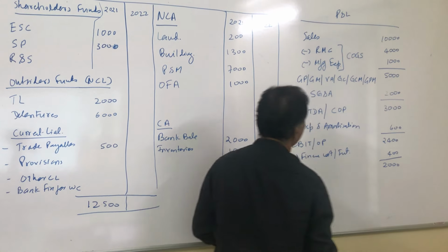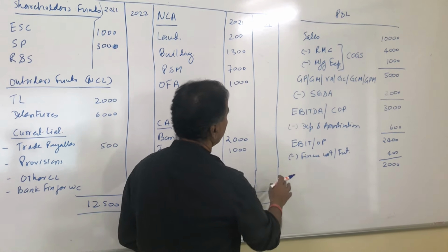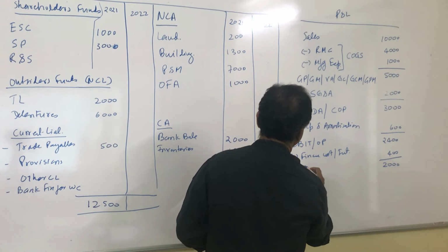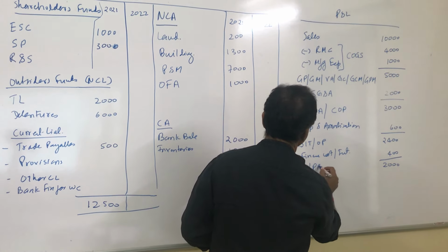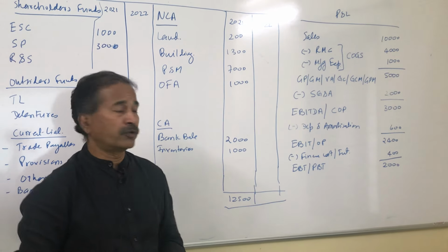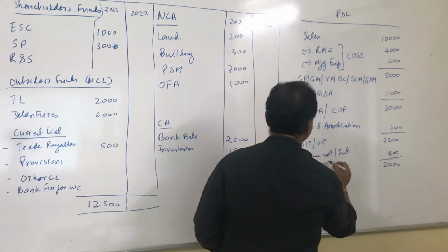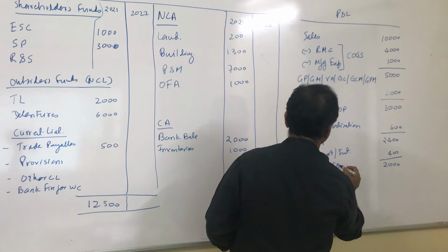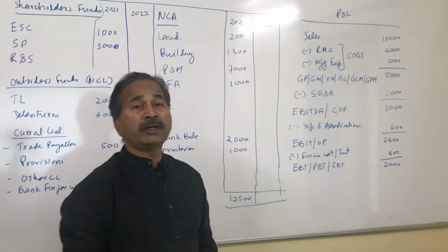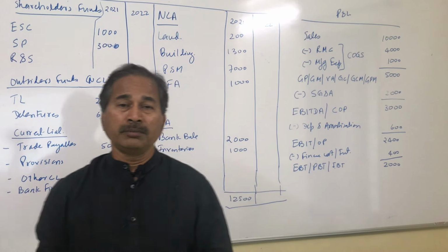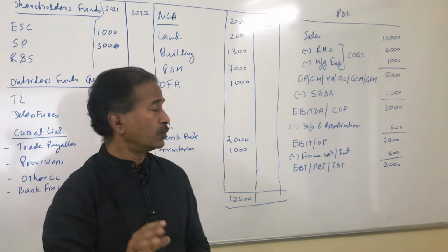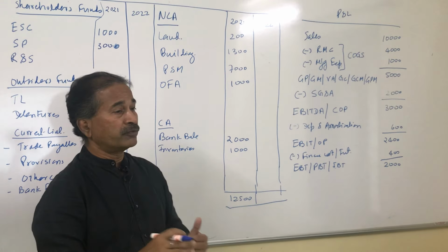Now this 2000, remember, is known as EBT, EBT or PBT, earning before tax or profit before tax, and in America they call it IBT, income before tax. So it doesn't really matter whether you call it EBT or PBT or IBT, they all mean the same thing, and that is your profit before tax.